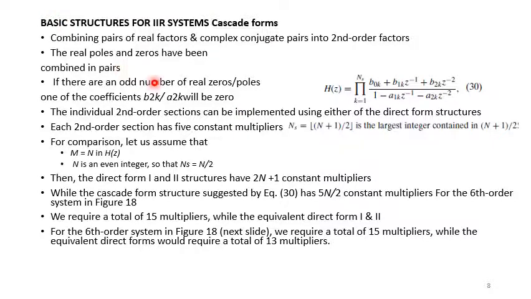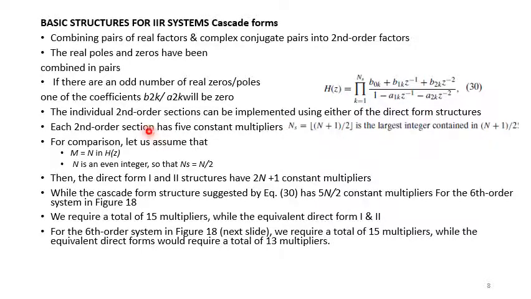By combining the pairs of real factors and the complex conjugate pairs into second order factors, the resulting system function is this one, that's b_0k plus b_1k z^-1 plus b_2k z^-2, and similarly these are the values for the poles or the denominator factors.